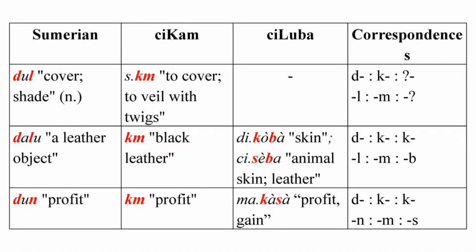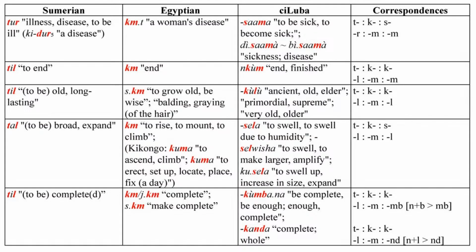So we see these various dialect forms as far as the DR consonant sequence as well as the DL consonant sequence. And we also have the interchange in the Sumerian language between D and T, which is the voiceless form. So we've already established that the R in the second consonant position interchanges with L or corresponds with L. So you'll see a mix up here, but we're just dealing with the first consonant here, which is the T. So if D's and T's correspond in Sumerian and interchange, then the KM should also correspond to Sumerian TR and TL.